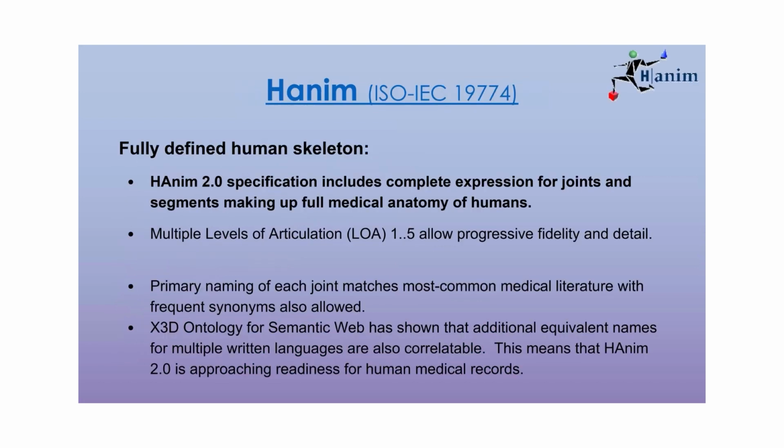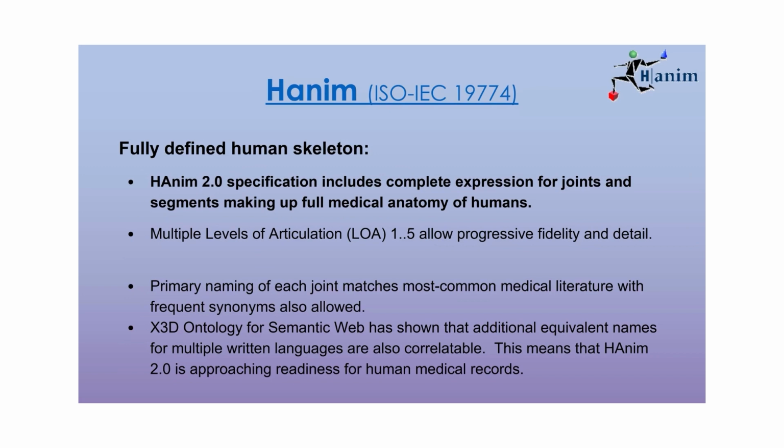And a little bit about HAnim. It's a fully defined human skeleton. HAnim 2.4 specifies a complete expression of joint segments and the full anatomy of humans. There's a lot of work that's been involved here, and then we have multiple levels of articulation from LOA 1 to LOA 5.